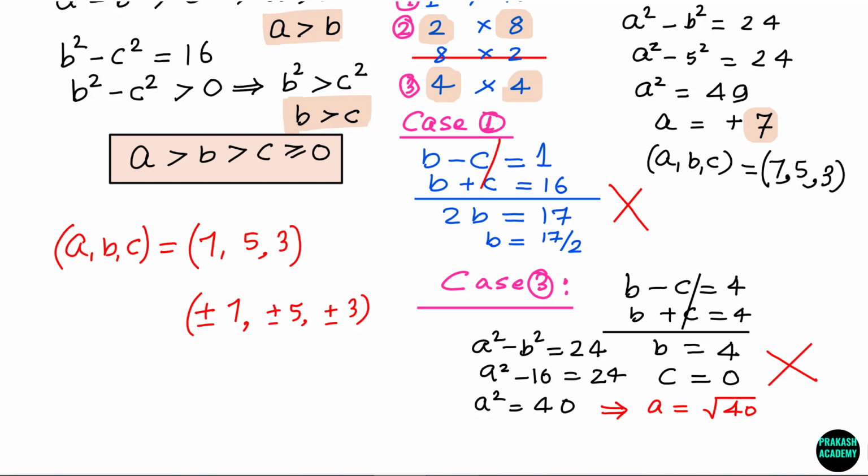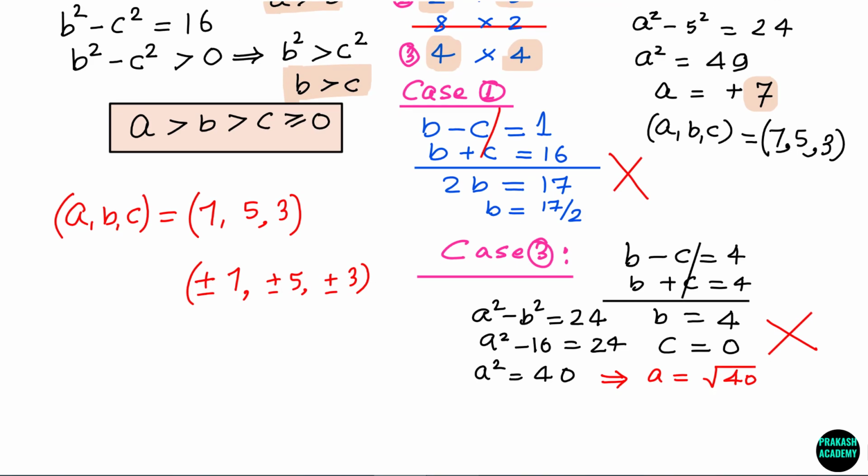So how many sets of solution will you get in total? Basically, in this case you will get 8 sets of solution. You can write all positive, 7, 5, 3, and then similarly write the others. For example, you can make one term negative, this is 7, 5, minus 3, and you can make another term negative, 7, minus 5, 3.